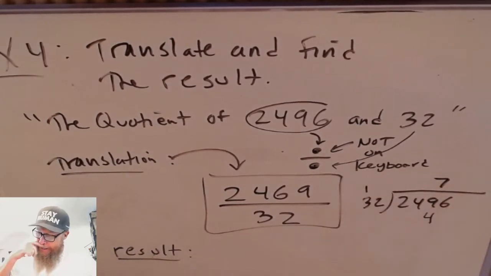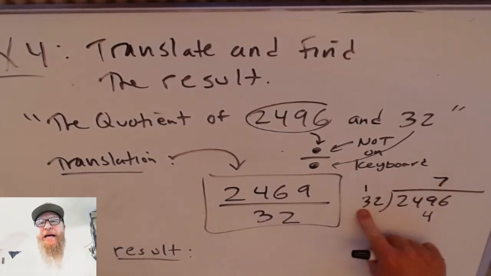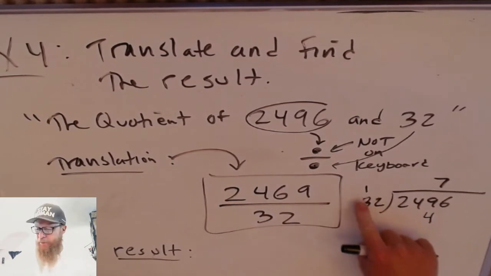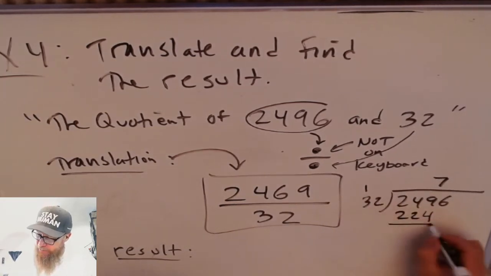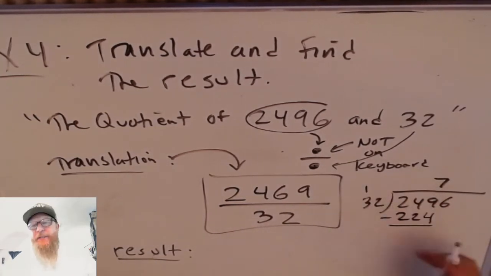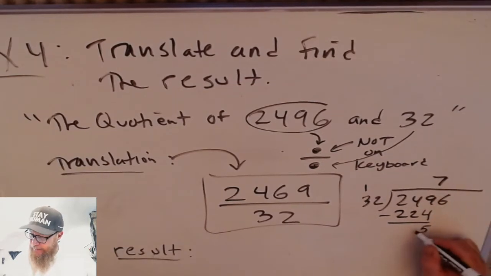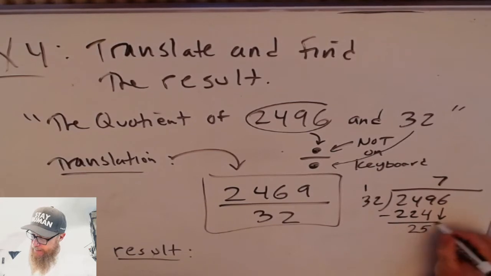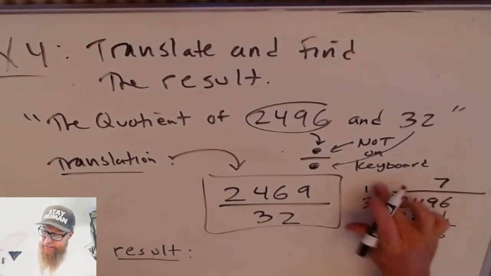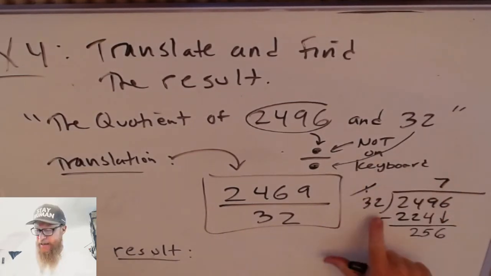Carry the 1. 7 times 3 is 21, plus 1 is 22. Subtract. You're going to get 25. Bring down the 6. Get rid of your old carries.